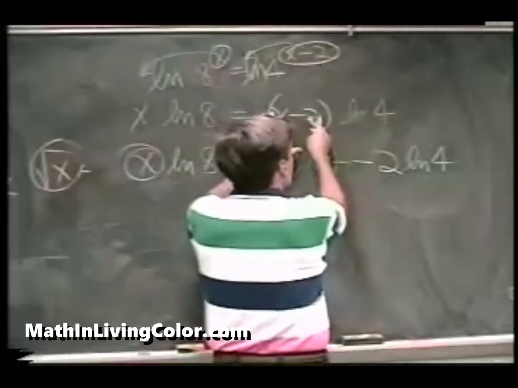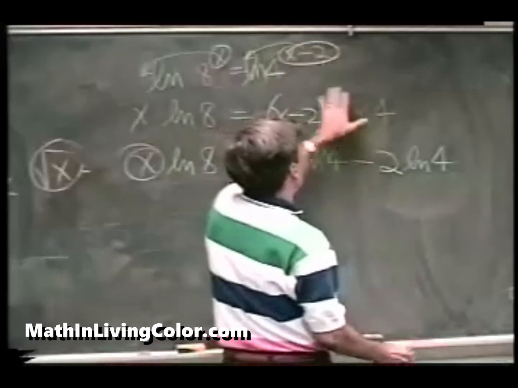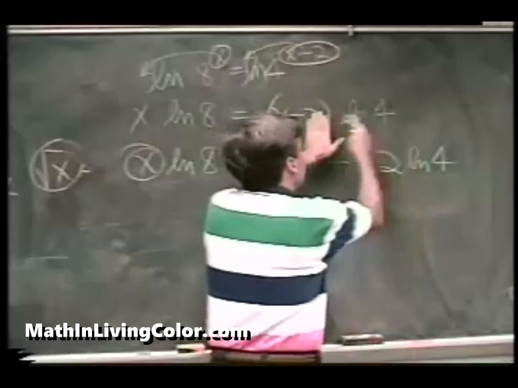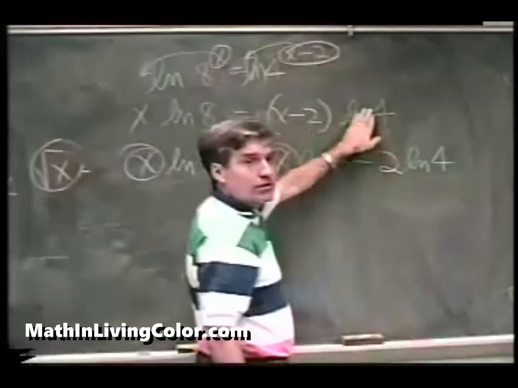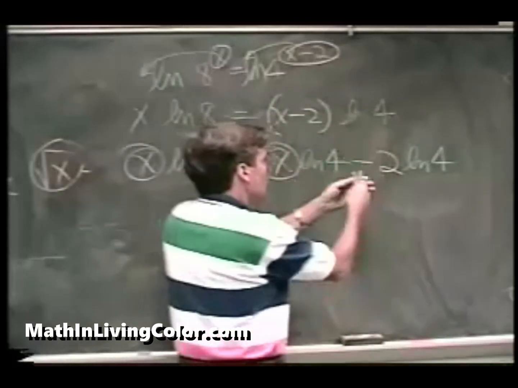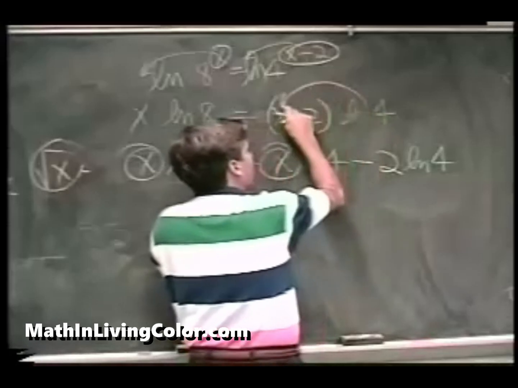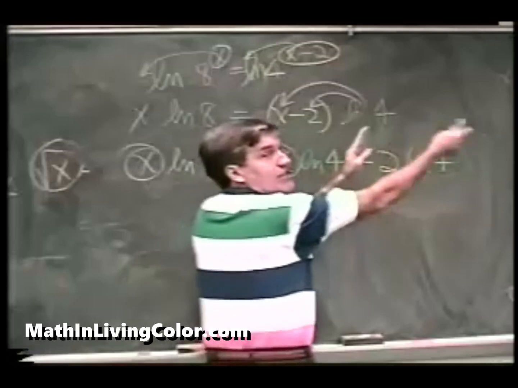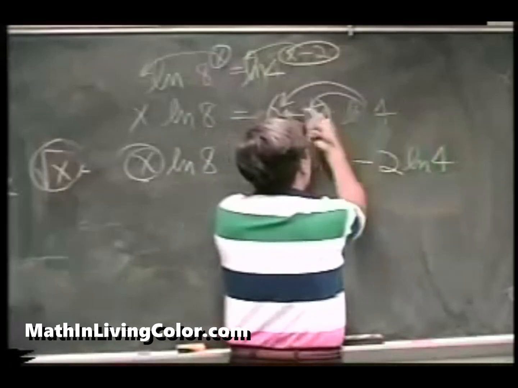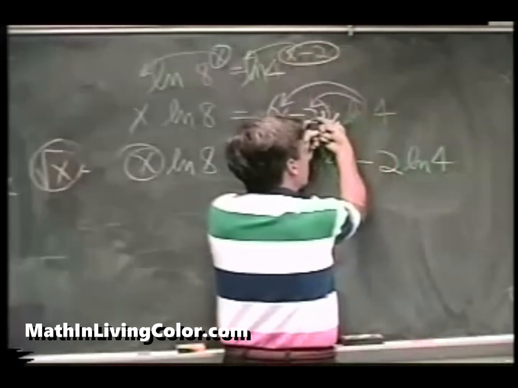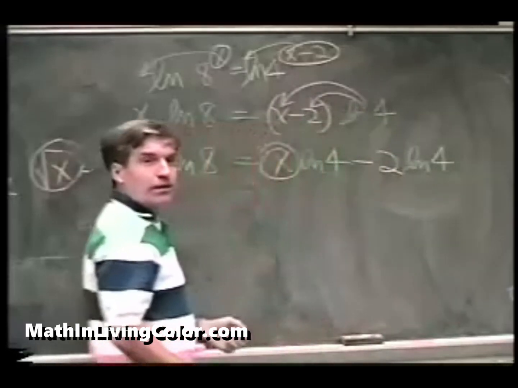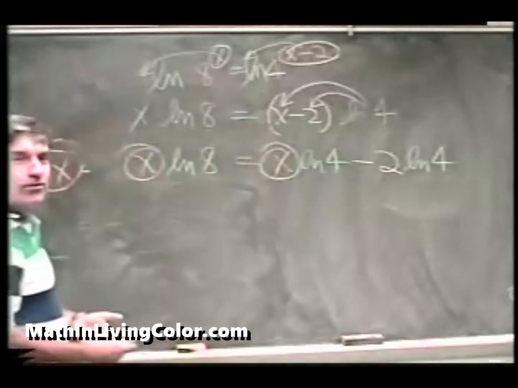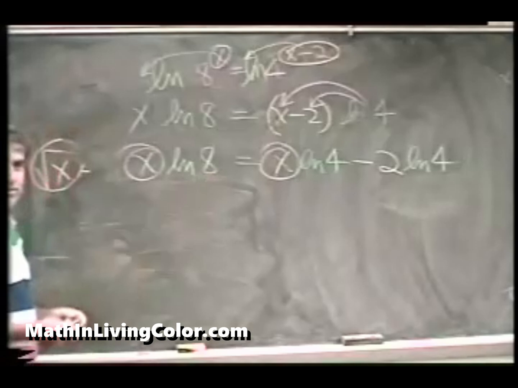See, this is a binomial, so I have to do ln of 4 times the x, and I have to do negative 2 times the ln of 4. Really, this was like the distributive property from the right side. I got x times the ln of 4 and negative 2 times the ln of 4. Glad you slowed me down on that one. I didn't mean to race by it so fast.